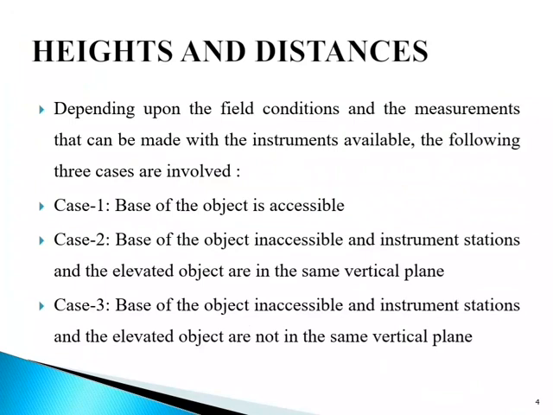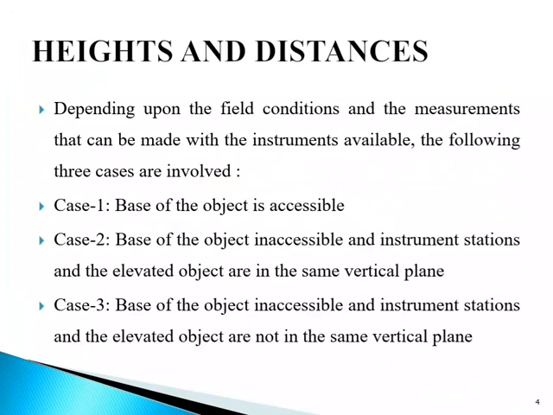Depending upon the field conditions and the measurements that can be made with the instrument available, the following three cases are involved. Case 1, base of the object is accessible. Case 2, base of the object inaccessible and instrument stations and the elevated object are in the same vertical plane.